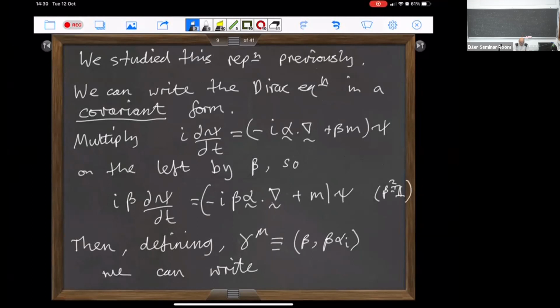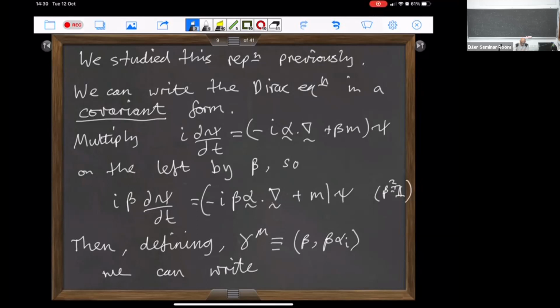So we studied the (1/2, 0) plus (0, 1/2) representation previously, and we'll see that it comes back shortly. Now, the way we've written it so far, the Dirac equation doesn't look terribly Lorentz covariant. But we can make it Lorentz covariant.